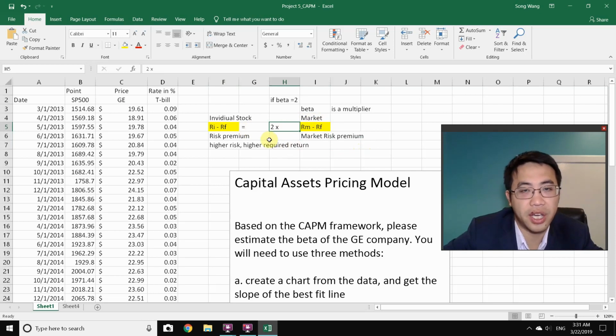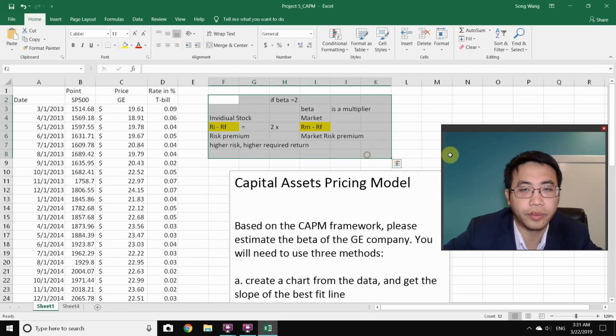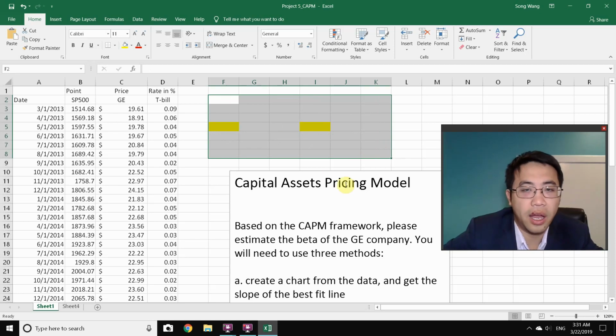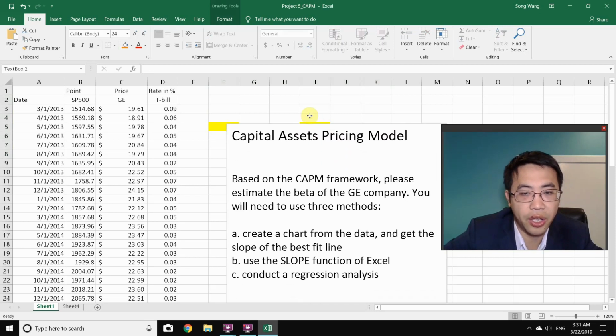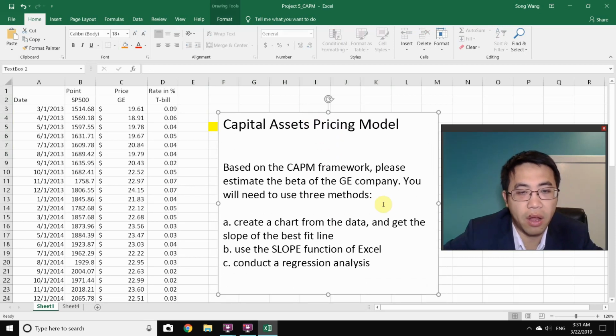And in this exercise, you are going to get the beta. It may not be 2, it may be 1.4, it may even be a negative number. Who knows? We just need to do our estimation and find the correct beta. I offer you three methods to do it. The first method is to get a chart and then find the best fit line, which is actually geometry.